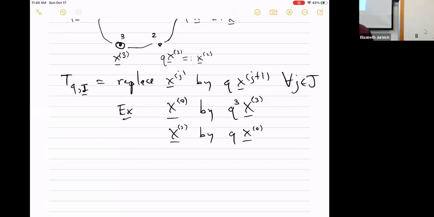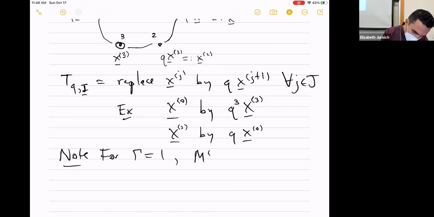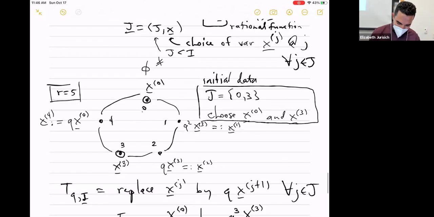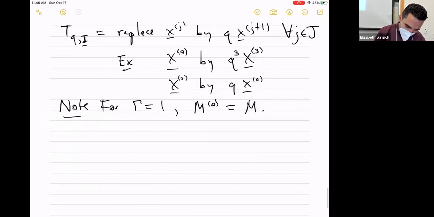And for gamma equals 1, for gamma trivial, you just have one guy, and it's equal to Macdonald's. So that's a property that our operators have. It's a sort of massive cancellation in the formula to get there. And then, so what's our result?